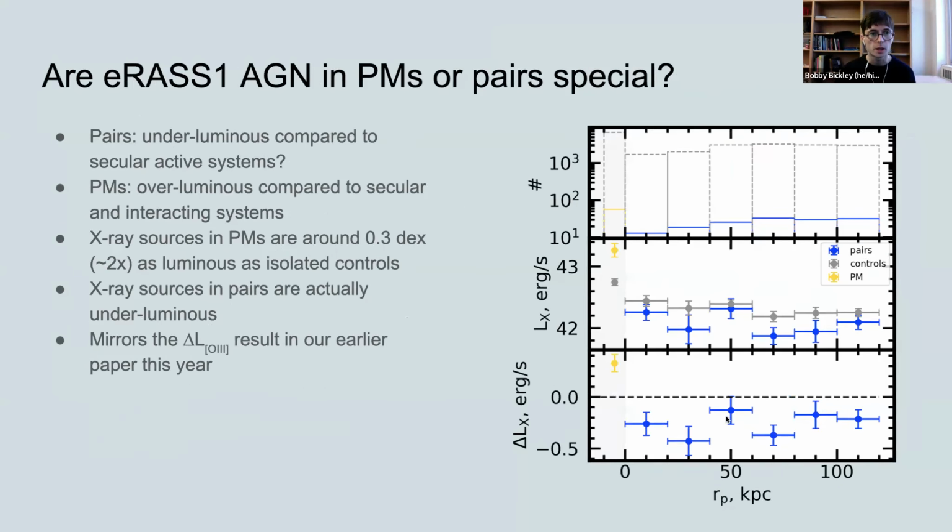This shows up in this plot as well. So we're seeing that the galaxy pairs have a suppression in X-ray luminosity compared to galaxies that have somehow been triggered into an active accretion state or a high accretion state through some secular means, like a morphological disruption due to a bar, something of this nature.